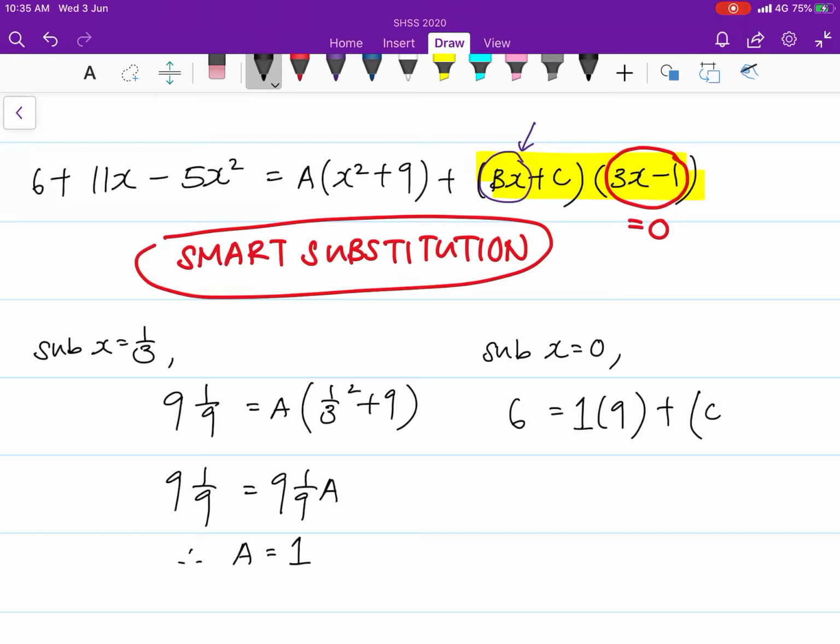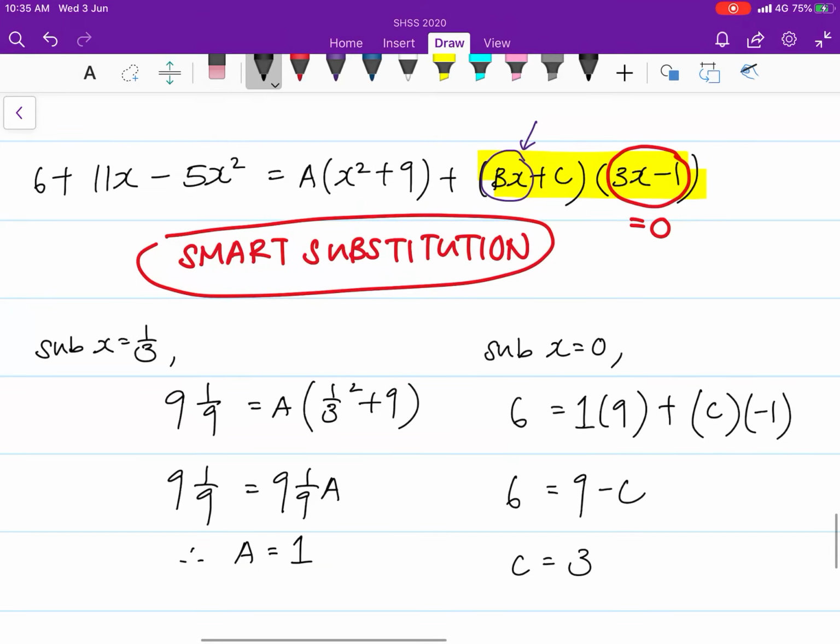I'll only be left with c here, and then 3x minus 1, 3 times 0 minus 1 is just negative 1. So I'll get 6 equals 9 minus c, and c will be equal to 3. And I'm done with c.